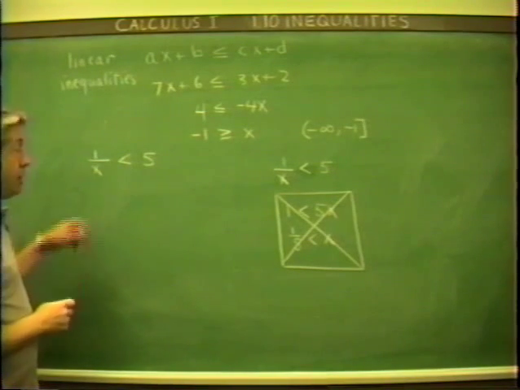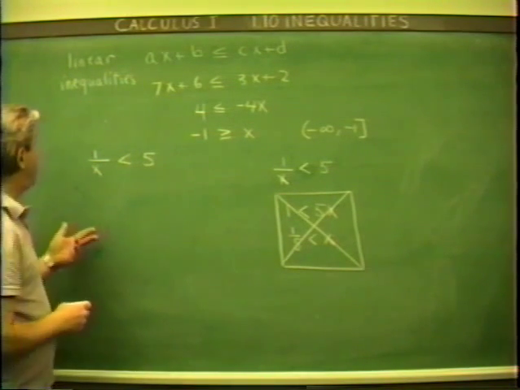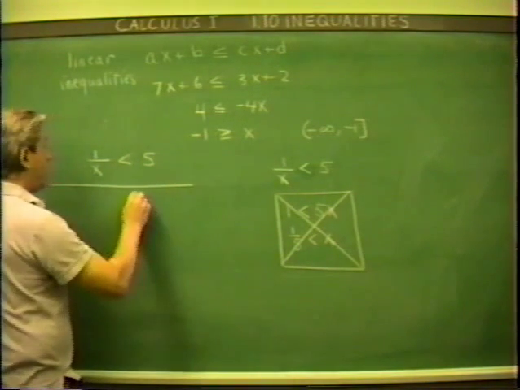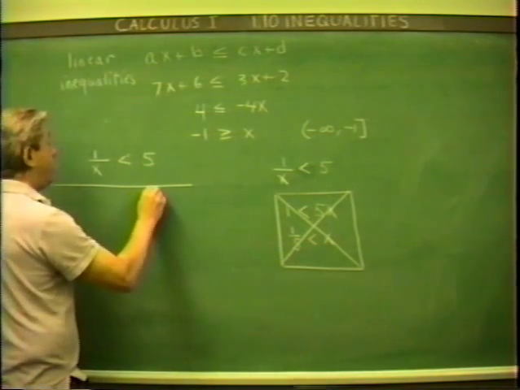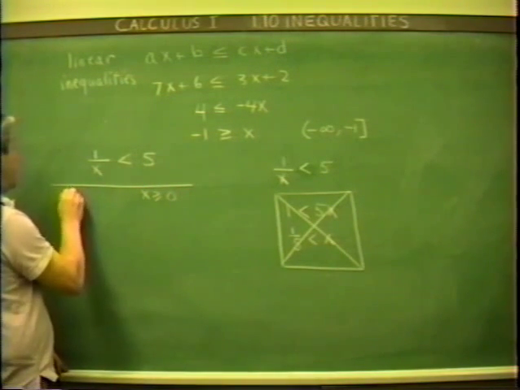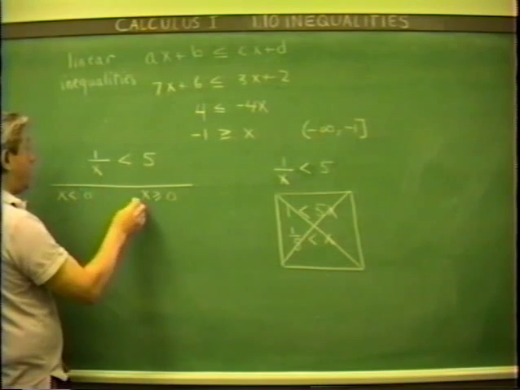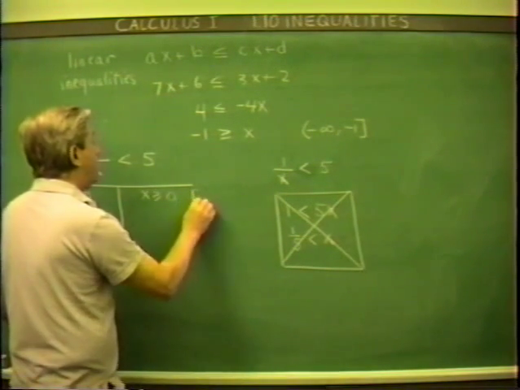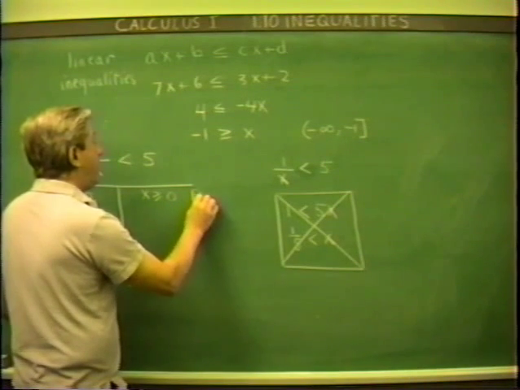1 over x less than 5. Well, what you want to do here is to multiply both sides of this by x. But that's not legitimate because you don't know whether x is positive or negative. If you consider two cases, though, one is the case where x is greater than or equal to 0, and the other is the case where x is less than 0.